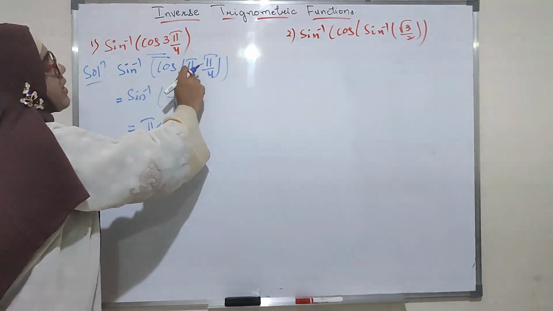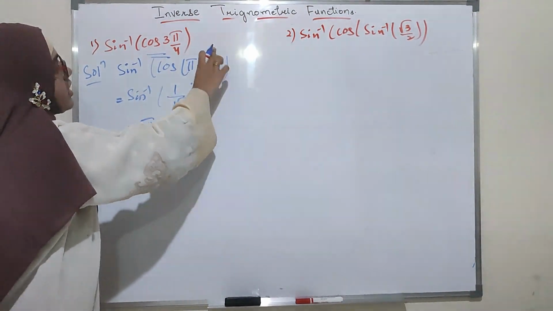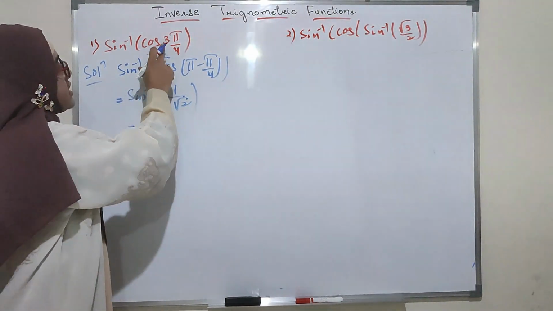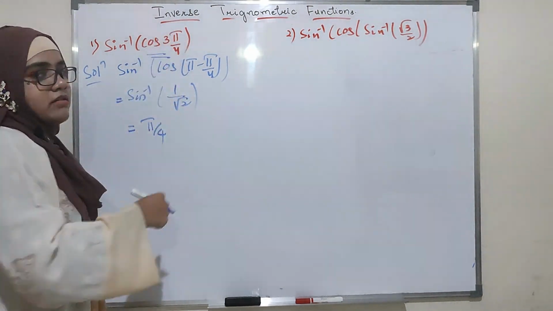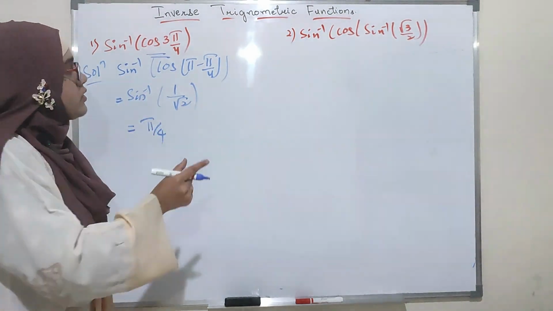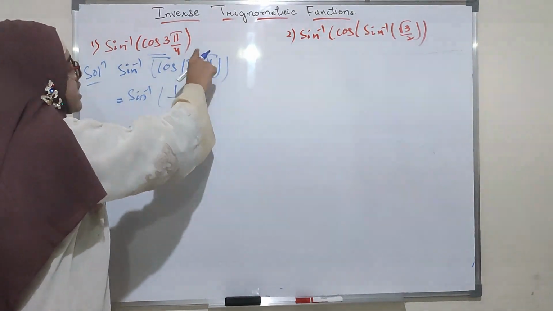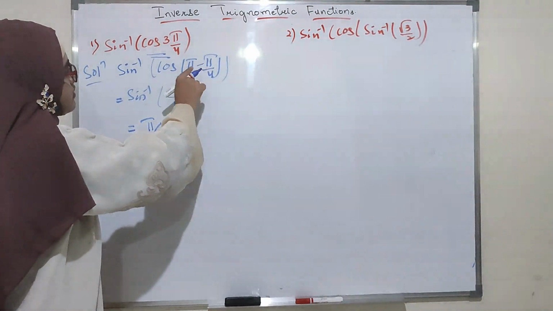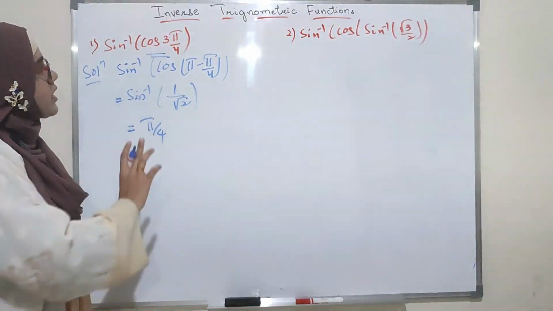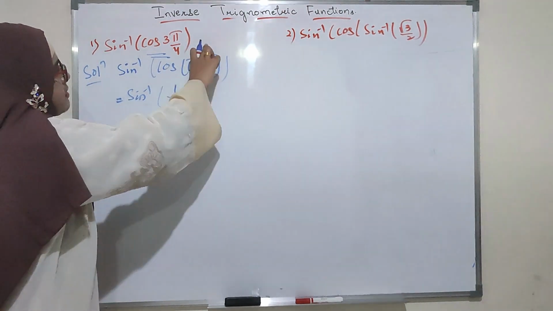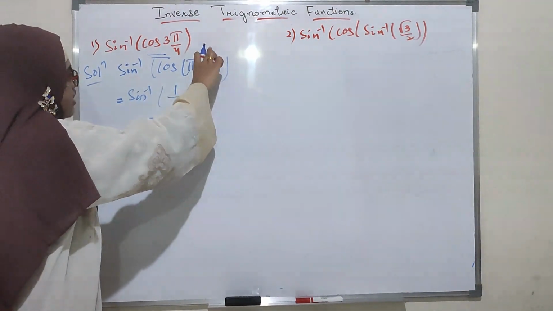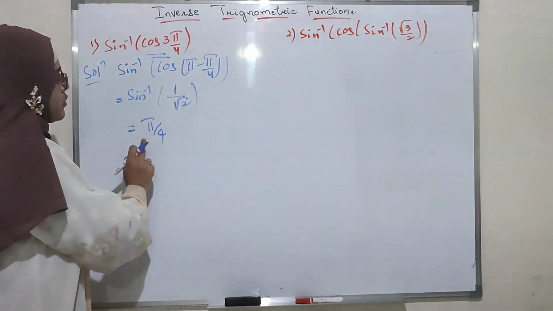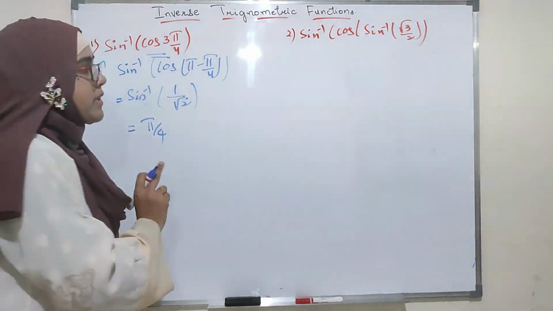It can be written as pi minus pi by 4. Why are we writing this? Because sometimes it is given to you as a complicated value, so you can't find it easily in the table value. So to make it easy, we are writing pi minus pi by 4. If you take the LCM, it is 4 minus 1, 3 pi by 4 as it is. So cos pi by 4 value is 1 by root 2. So sine inverse of 1 by root 2 is pi by 4.